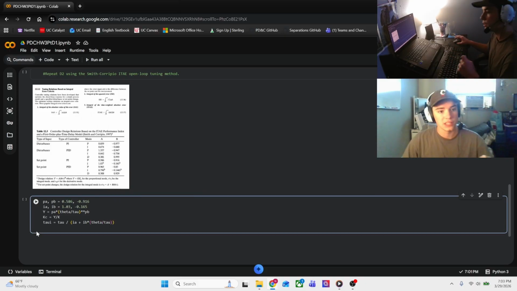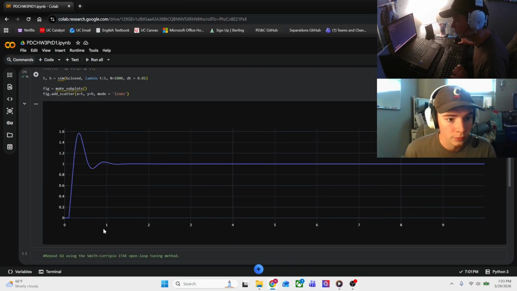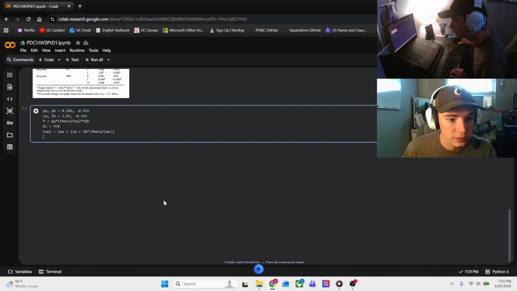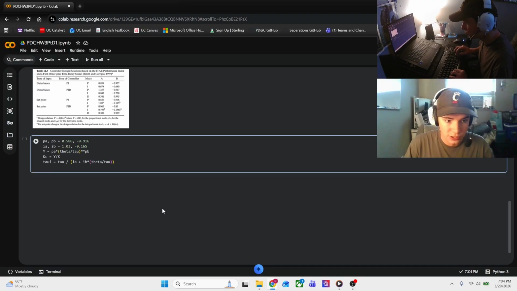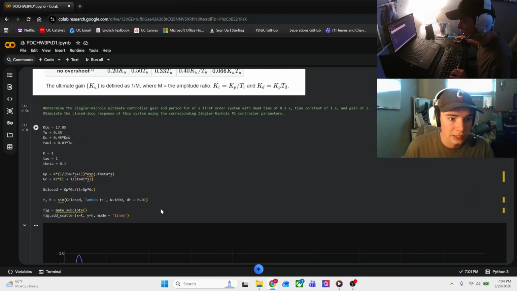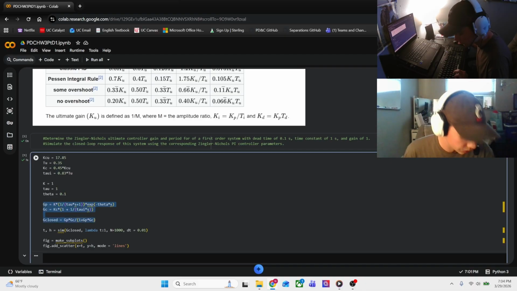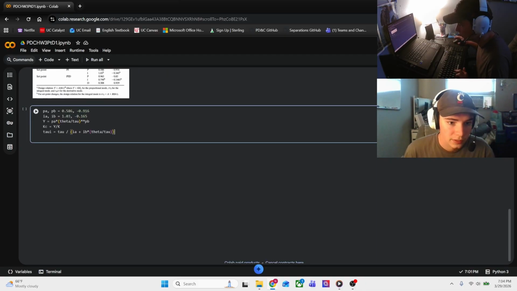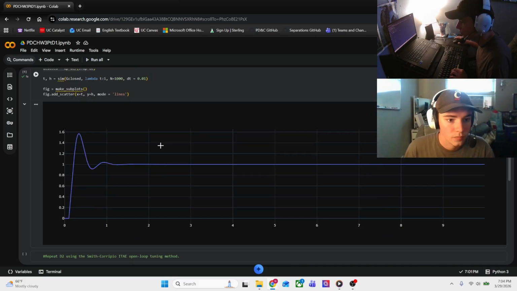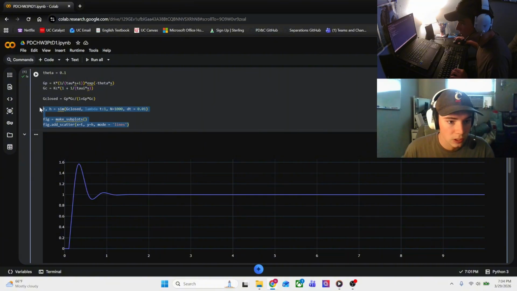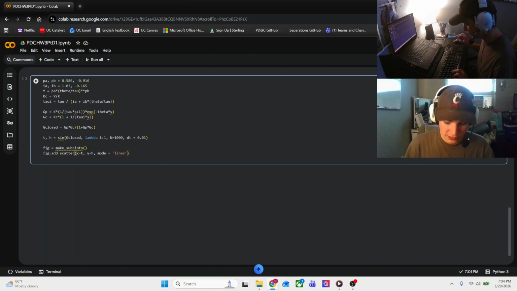And that's how the Smith-Corripio method uses these empirical values to find those constants that we had found with the Ziegler method up above. And now that we have those values, a lot of the rest of the stuff we can just copy down from up here in the Ziegler-Nichols method, as our GC, GP, and Gclose all stay the same. Go ahead and copy those down. And then same with our simulation and our plot making lines.